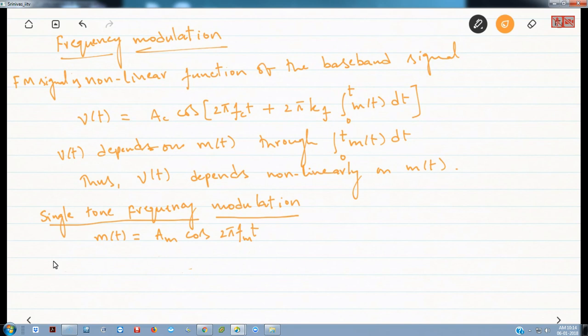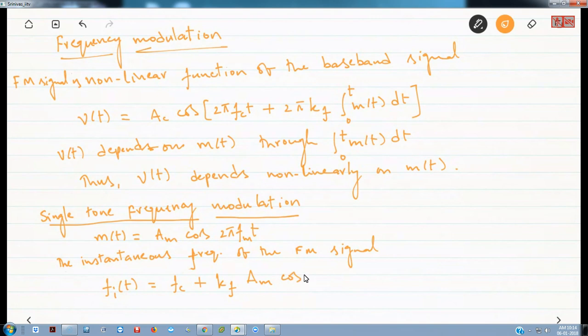Then the instantaneous frequency of the FM signal is f_i of t equals f_c plus k_f into A_m cos 2 pi f_m t, right?